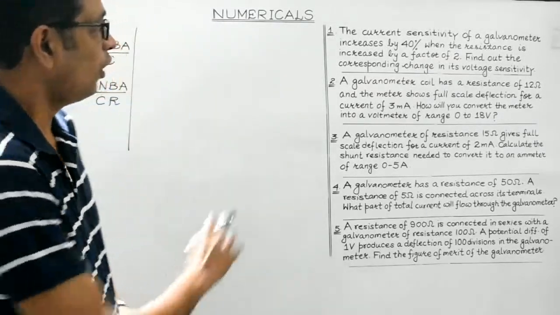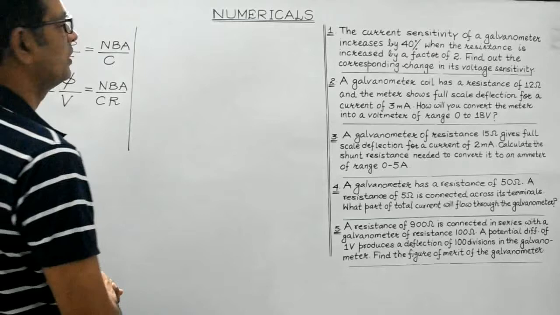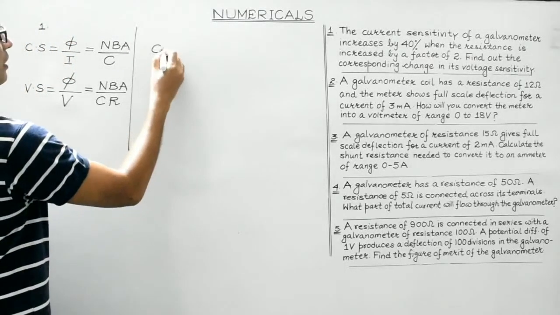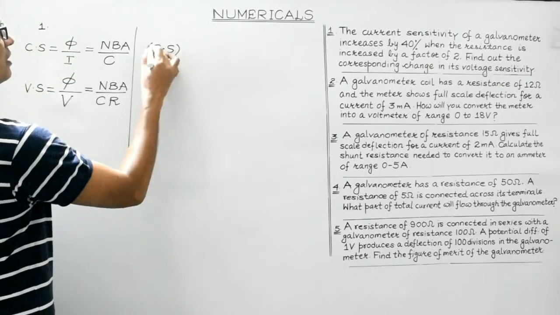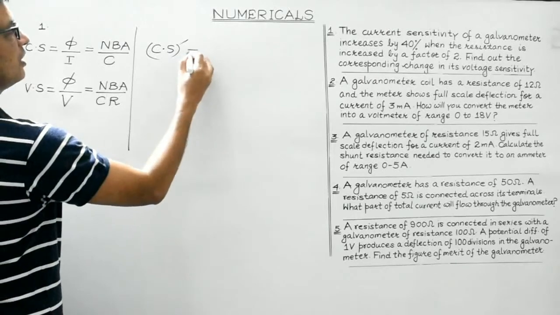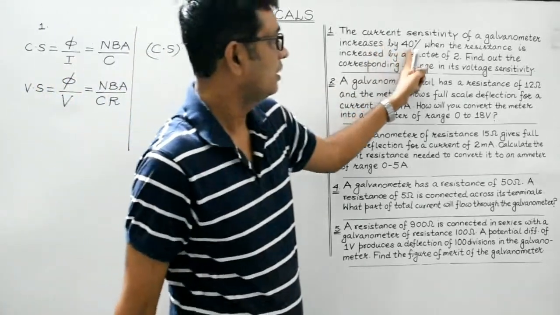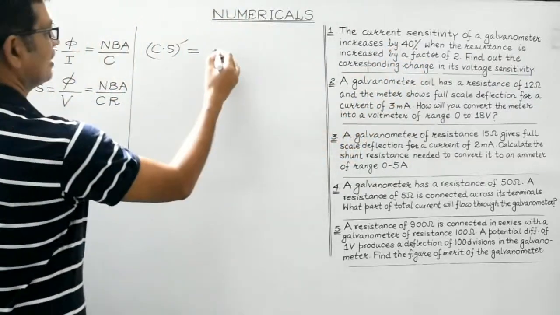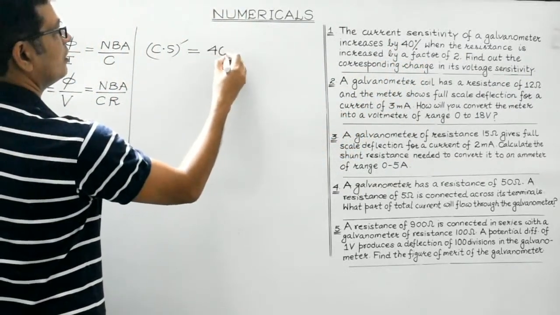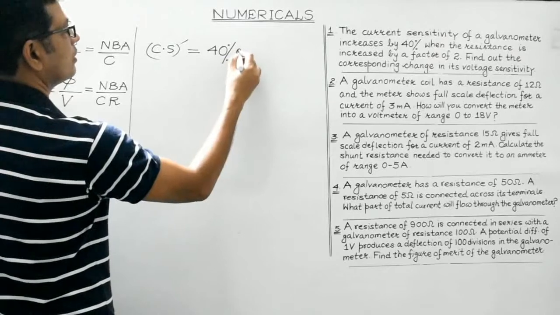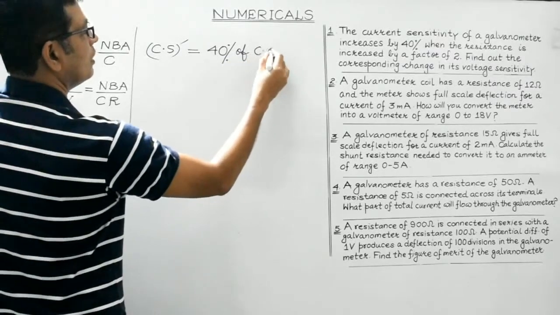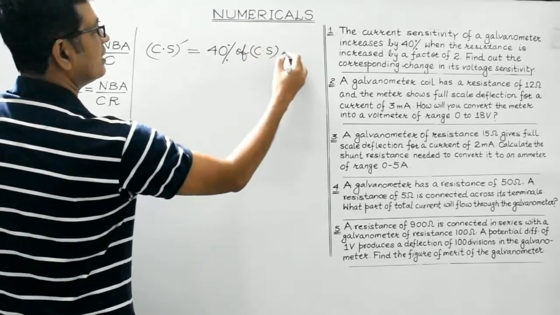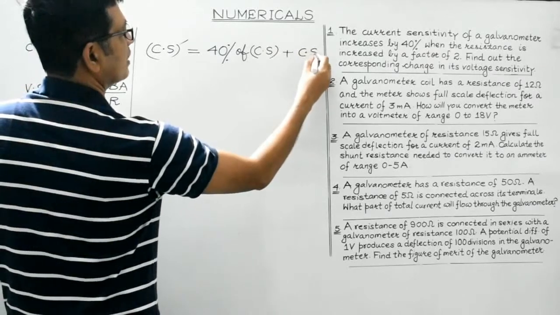Right? So as per the question, new current sensitivity, let us represent it by CS dash. It is equal to 40% more than that of the original current sensitivity. That is, 40% of original current sensitivity plus current sensitivity.